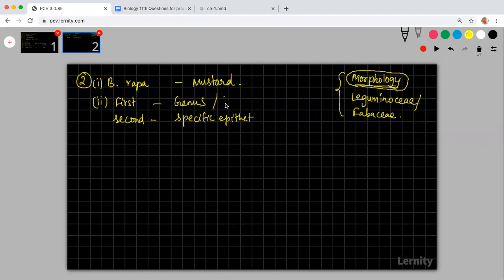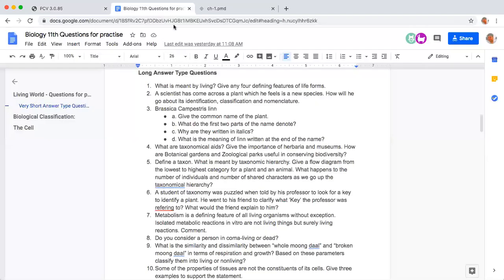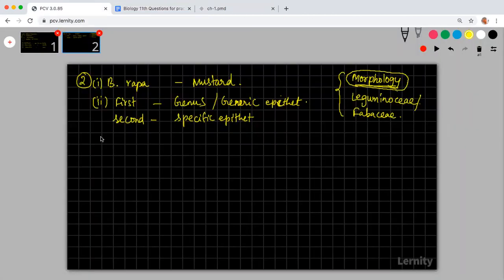You can also use the word generic epithet. Why are they written in italics? Because of the rules of nomenclature.